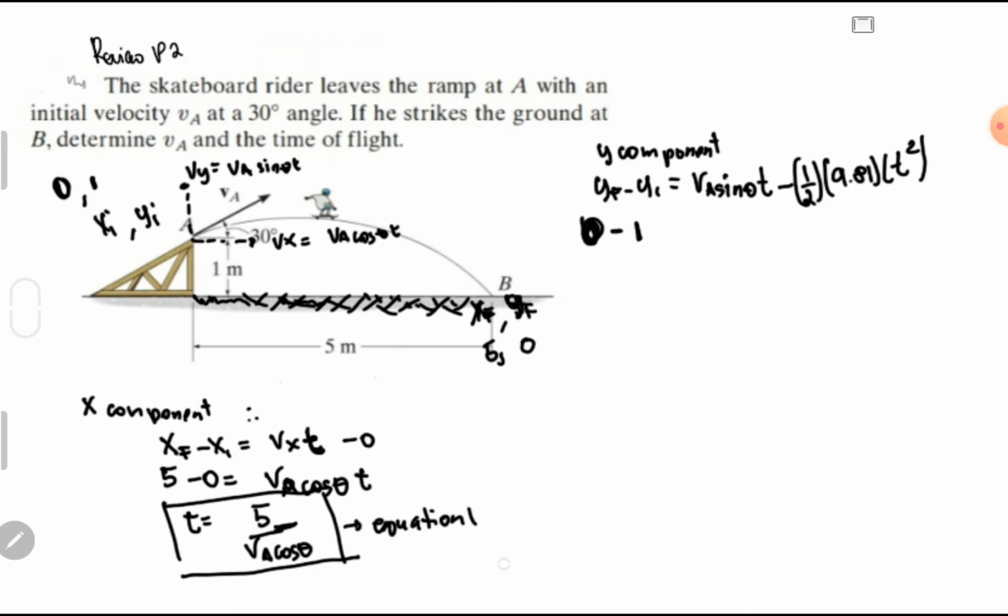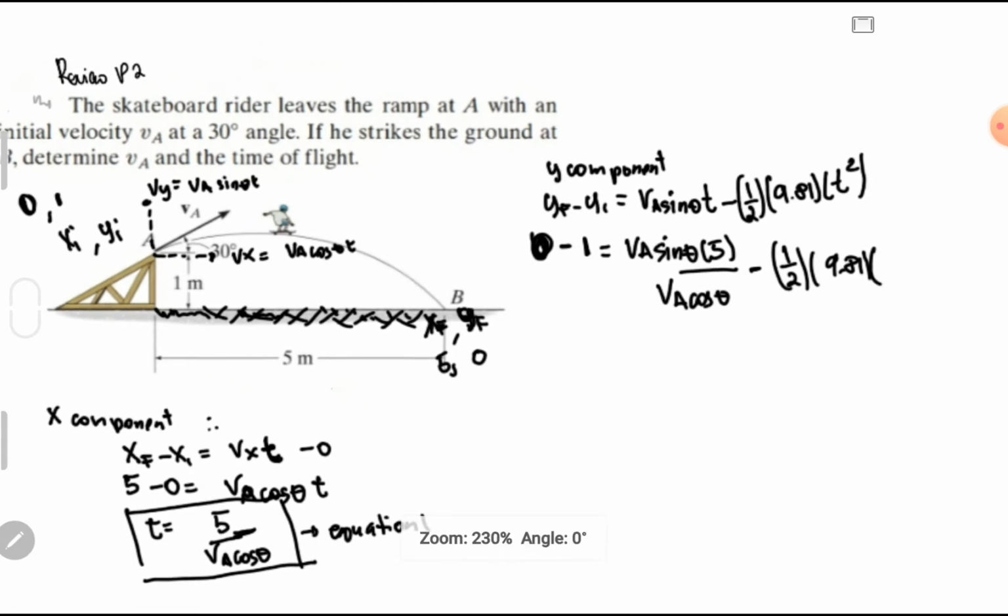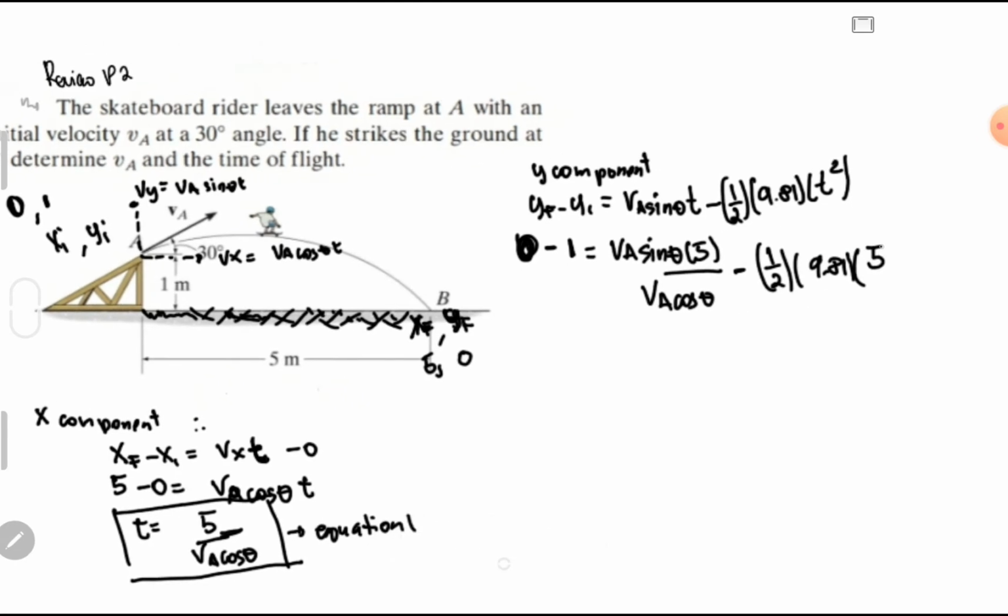So yi is equal to 1, and we have negative 1 equals va multiplied by sine theta multiplied by our t, which is 5 all over va cosine theta, less 1/2 multiplied by 9.81 multiplied by t squared, which is 5 divided by va cosine theta, squared.